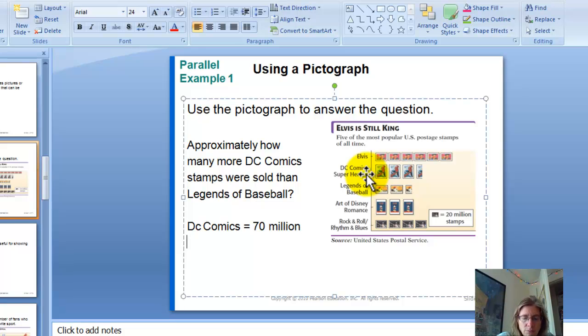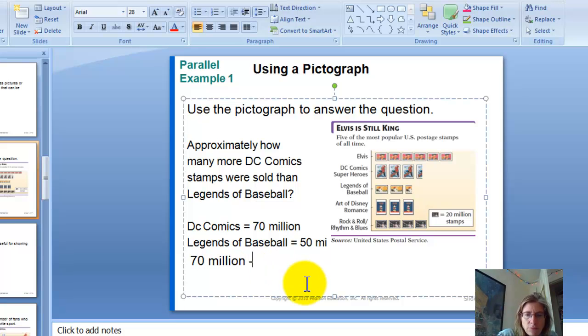And Legends of Baseball, I'll just use that little abbreviation. So you're going to have to subtract 70 million from 50 million, and that equals 20 million. So it's by a difference of 20 million.